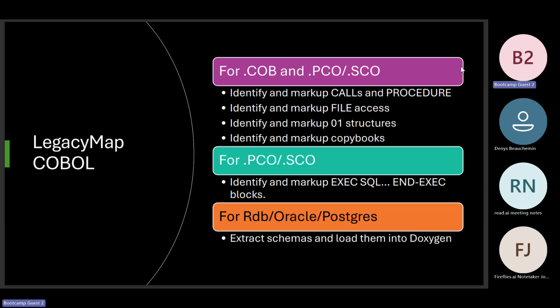And then we do that also and also beyond that, actually this is for any one of them, but we do the extraction of the schemas and load up Doxygen with that. So you don't have to do that and declare it to Doxygen. We take care of that, going out to read your database, pull out the schemas, pull out all the tables, and prepare everything for you. Okay, it's all out of magic.